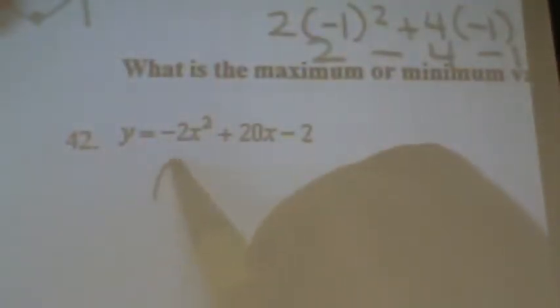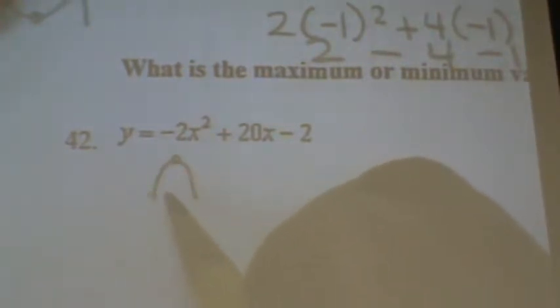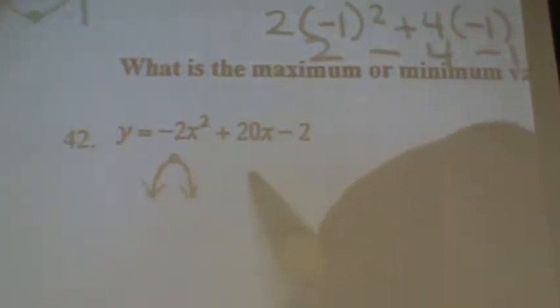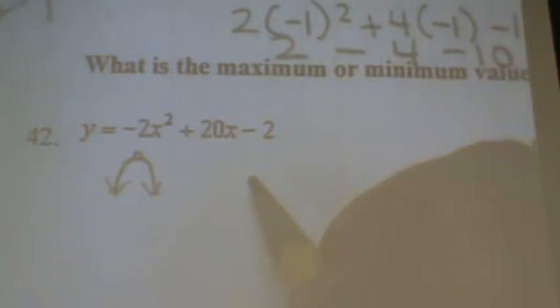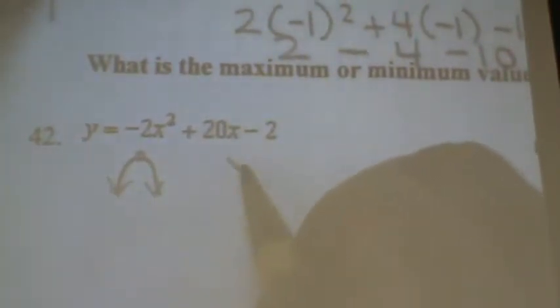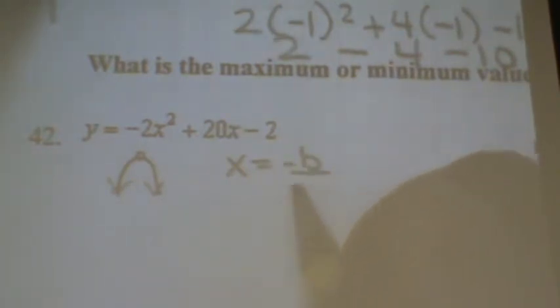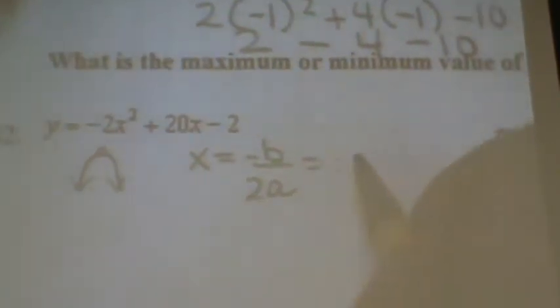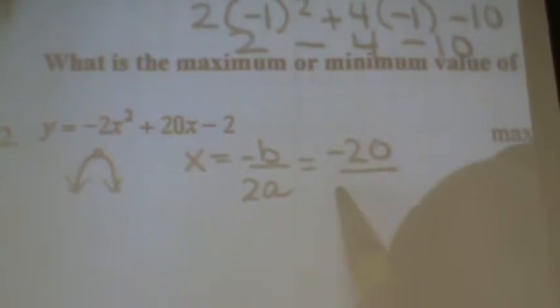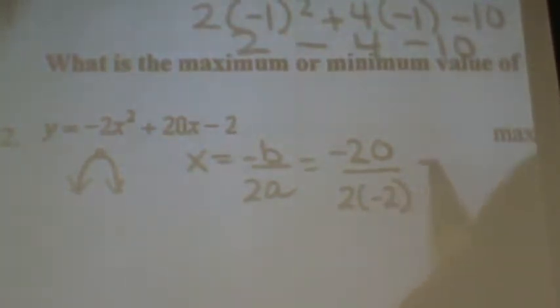42. Is it going to be a max or a min? Max. It's going to be a max. Now they want to know what it is, so let's find out. Where is the maximum point? It's the vertex, so it's -b over 2a. So -20 over 2 times -2, and -20 over -4 is 5.